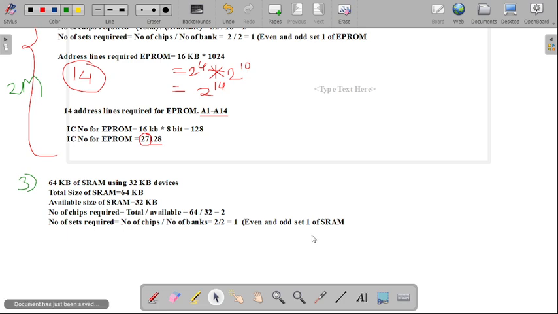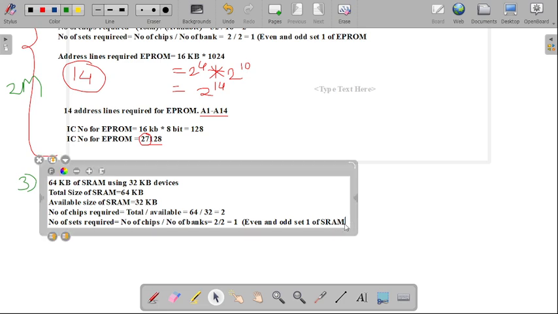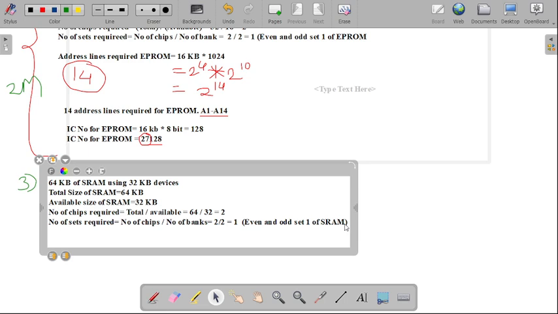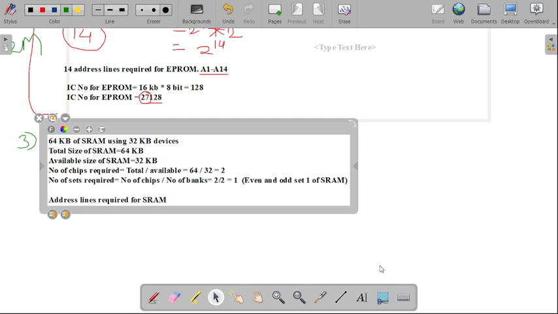Now you have to calculate the number of address lines required. How do we calculate the number of address lines? First of all, write down here address lines required for our SRAM. How many address lines will be required? We find this with the help of this formula.